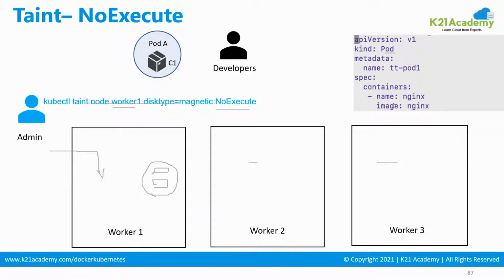Ramesh, sorry, but I could not quite understand taint. Can you quickly repeat it? No, taint is nothing but you can avoid scheduling pods on that particular worker node. But that repelling, we can already do using node anti-affinity, right?